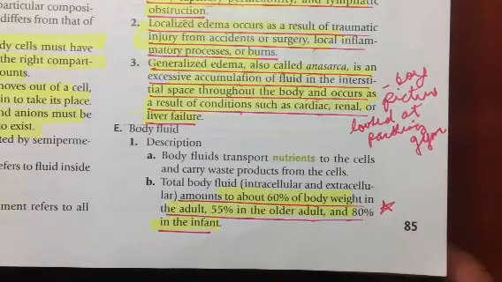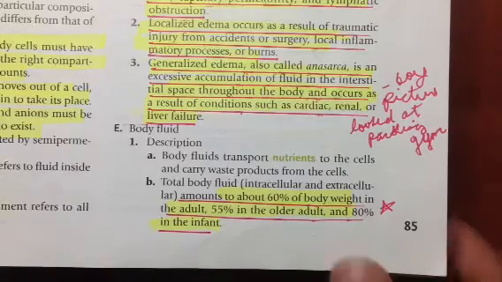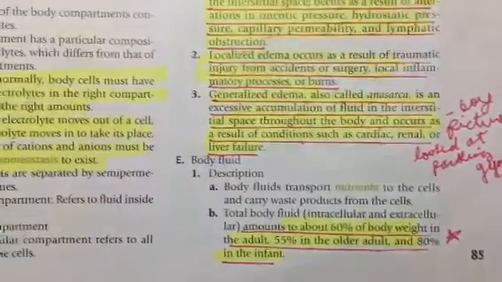Body fluids. The total amount of body fluids in an adult is 60%. In older adults, 55%. Infants, 80%.